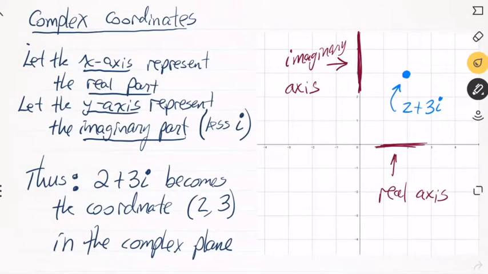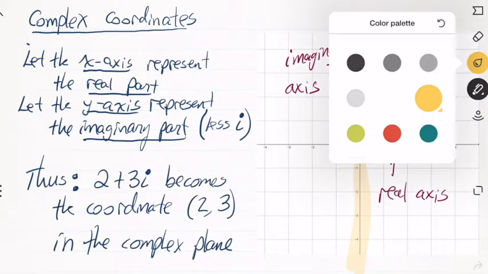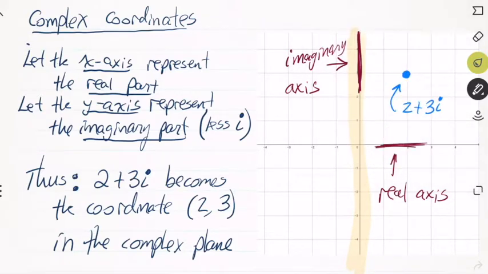So the way we're going to handle a complex number from this point on is as a coordinate in a complex plane. So here we have the imaginary axis being the original y-axis, and that's where our imaginary numbers are going to go. And then we'll keep the x-axis as the real axis. So this one will be the real axis.